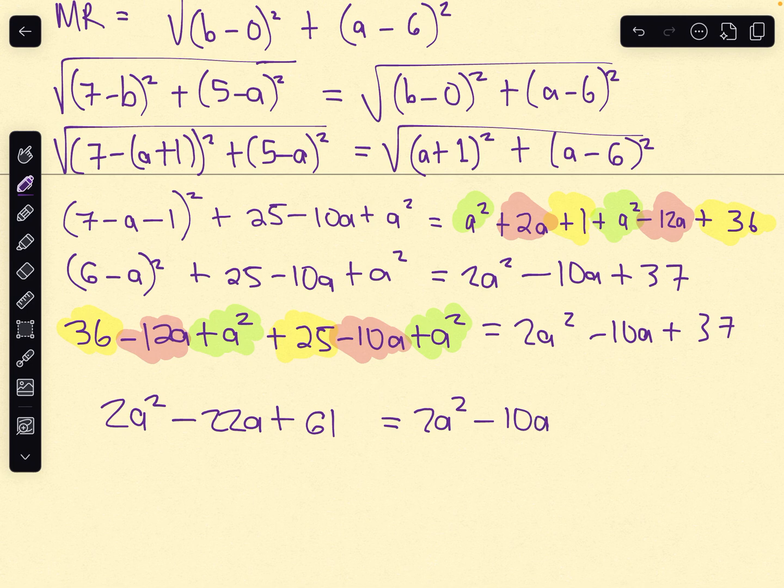Okay, so now we have 2a squared on both sides, so we can take both of them off the scale and it won't affect the equation, right?